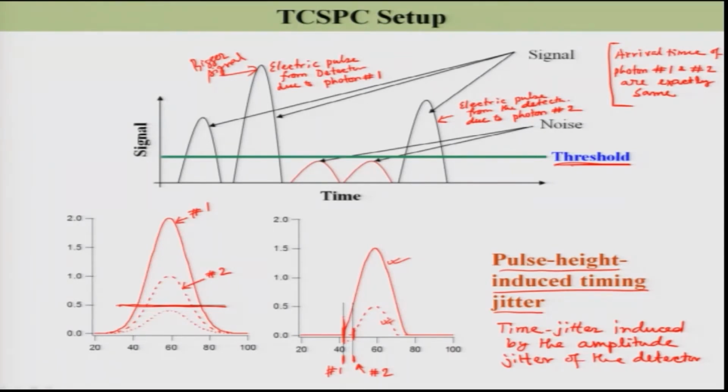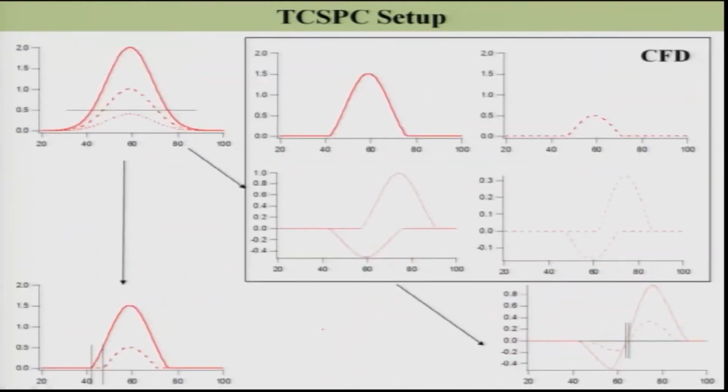So, I have to somehow solve this problem, and the way to solve this problem is the introduction of the CFD just after the PMT. Let me show you over here. The CFD is an electronic device by which I can reduce this difference in time to a smaller value.